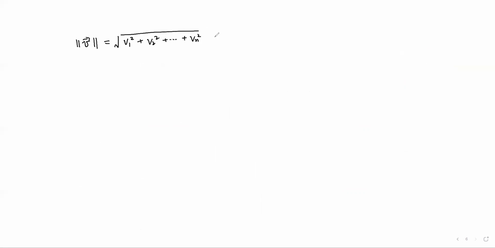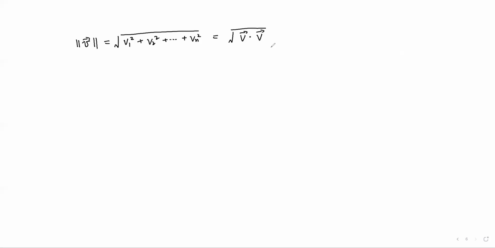The length. But v1 squared plus v2 squared plus up to vn squared is vector v dot itself. You agree? The inner product of the vector v with itself. It is this number. So the length of a vector is the square root of the inner product of the vector with itself.